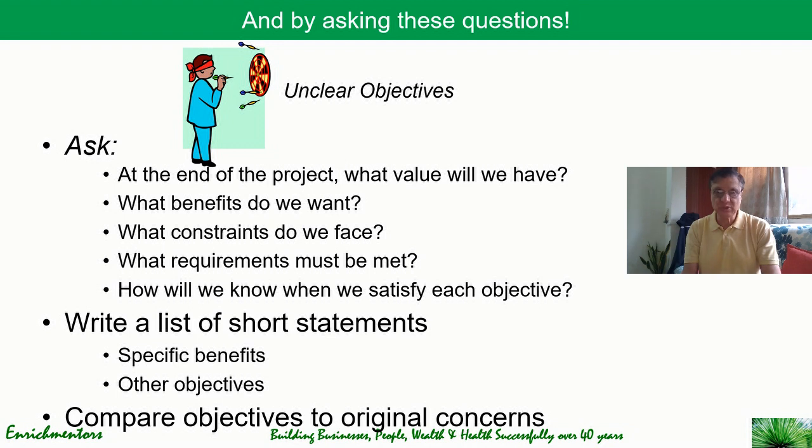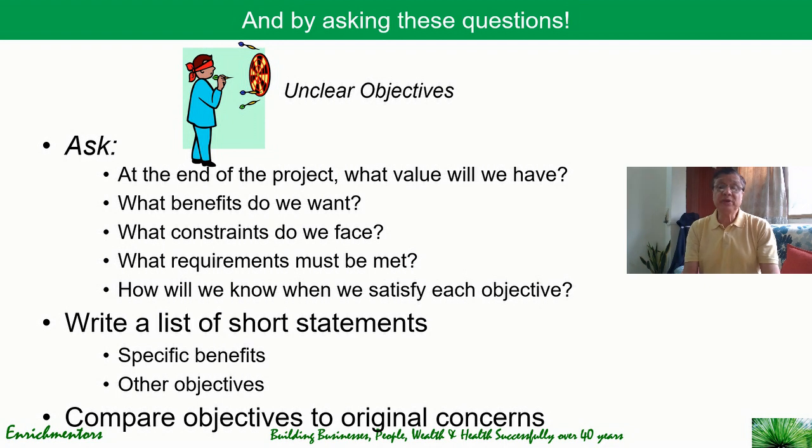And that determines the quality of the project. What benefits do we want from the project having completed? What limitations or constraints do we have in implementing the project? What requirements must be met? How do we know what the requirements of a successful completion of the project are? And how do we know whether we will satisfy each of these objectives? Then you write short statements again on specific benefits and specific objectives.